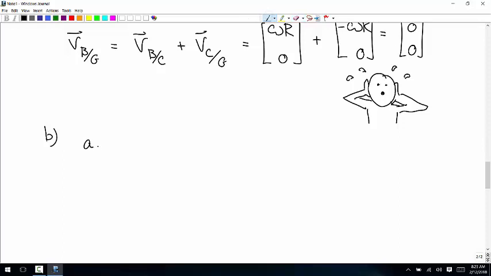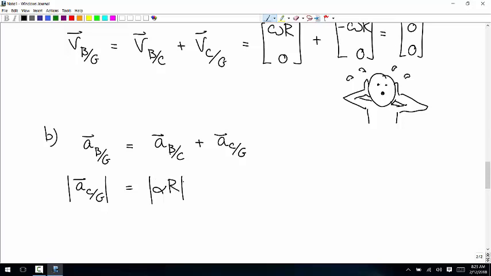Okay, so the acceleration of the bottom relative to the ground is equal to the acceleration of the bottom relative to the center plus the acceleration of the center relative to the ground. The acceleration of the center relative to the ground in absolute value is absolute value of alpha times r.